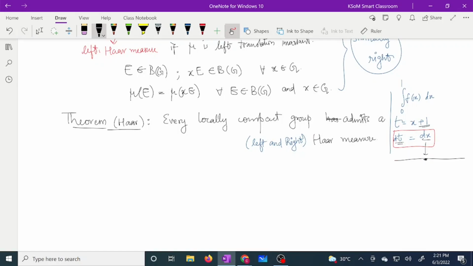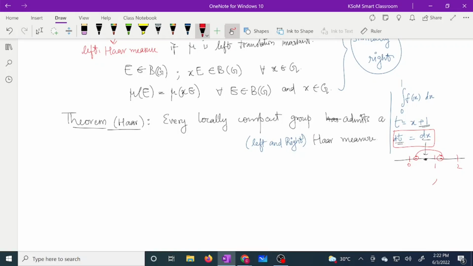So if this is your real line, this is let's say 0, this is 1, this is 2. You take a small length here, say that this is dx, and if I translate this, x going to x plus 1, or t equals x plus 1, then the same length, the measure, will not change. The measure of this small interval is the same as the measure of this small interval. That is what it means for a measure to be translation invariant.